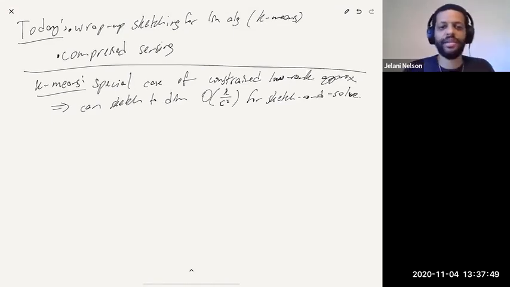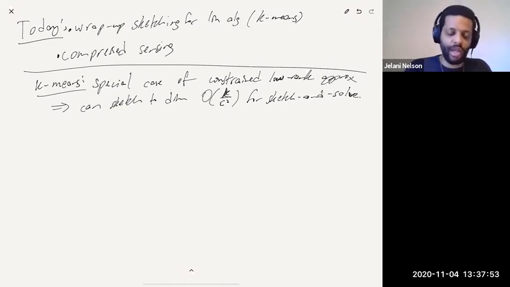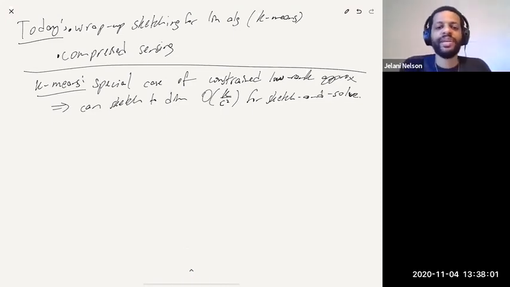The thing that's worth noting there is this bound doesn't depend at all on n, which is the number of vectors you're trying to cluster. It only depends on k, which is the number of clusters. So if the number of clusters you want is small, a constant, then you've replaced the log n by k, and you might be happy with that.